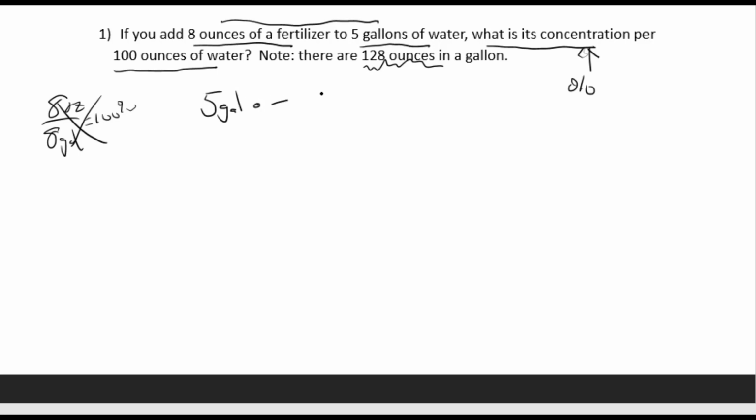So I got to change 5 gallons to ounces. Dimensional analysis. Here's the relationship. What goes on the bottom? Gallons. And 128 on the top, ounces. So 5 times 128, gallons cancel, is 5 times 128 on my calculator, and I get 640 ounces.